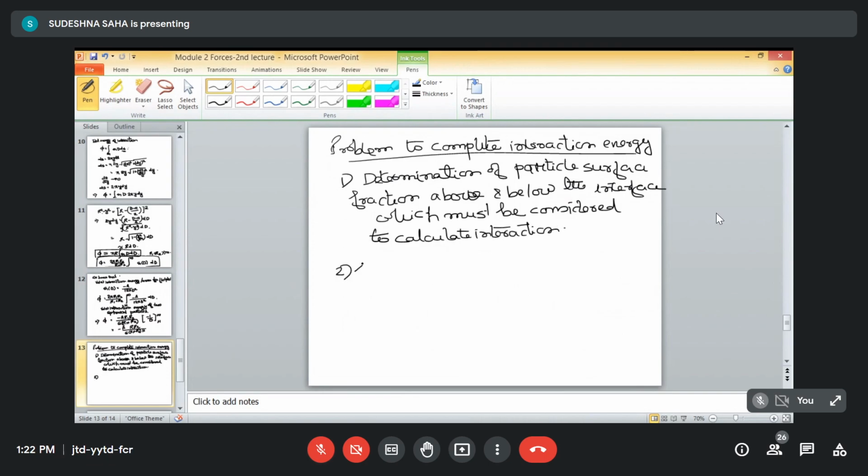And second one is the expression of interaction potential per unit area between half spaces.